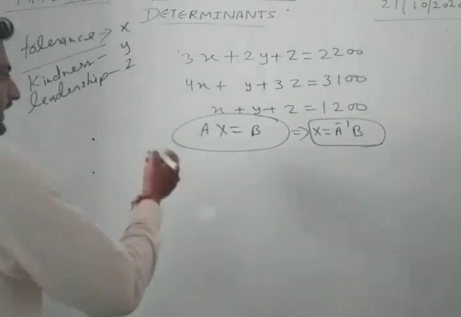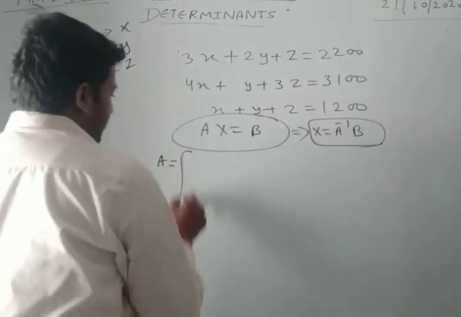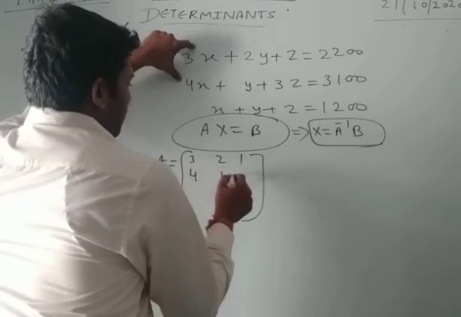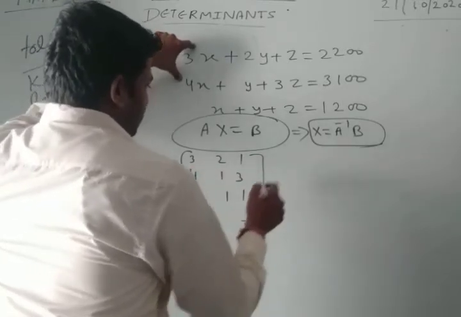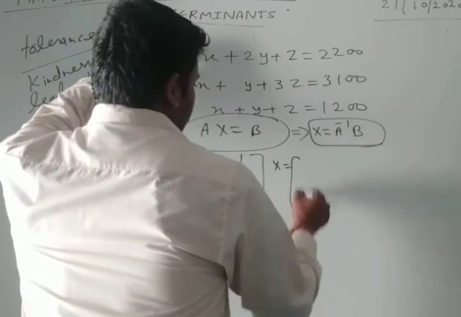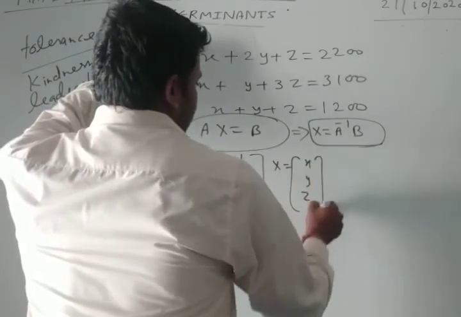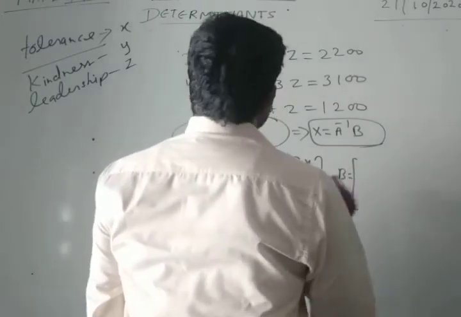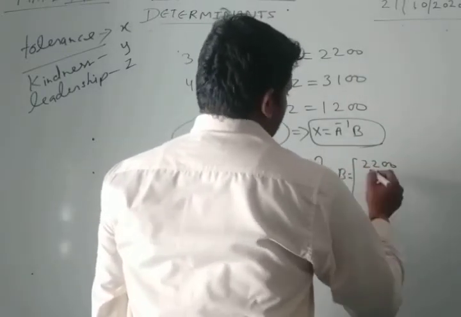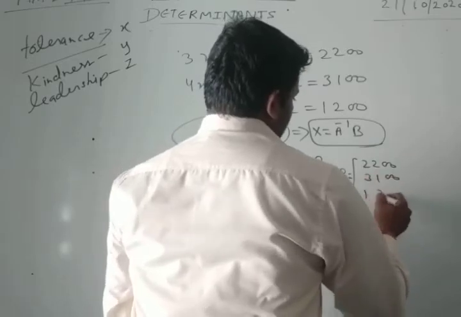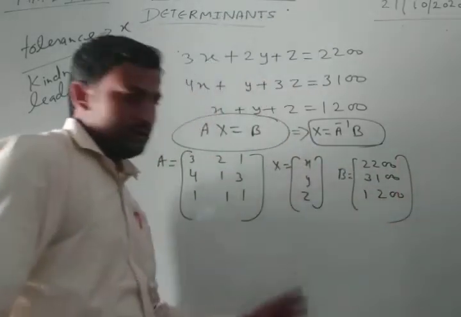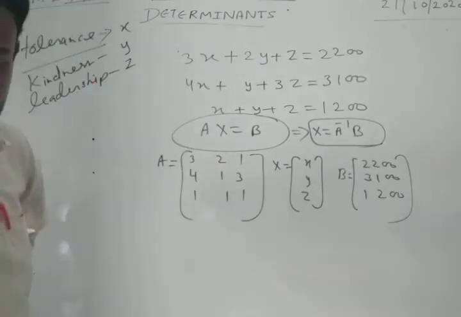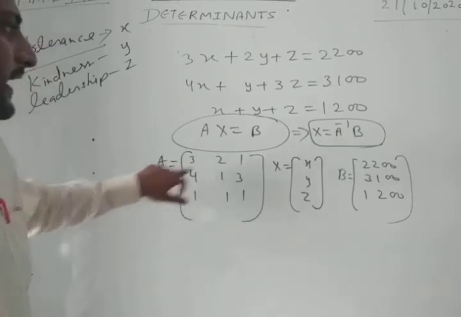Here A is 3, 2, 1, 4, 1, 3, 1, 1, 1, X is our variables x, y, z, and B is 2200, 3100, 1200. Now for calculating the values of x, y, z, we first find A inverse.